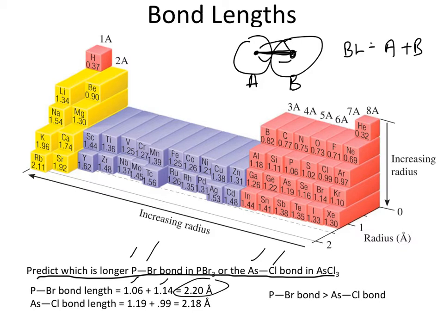This gives you a value of 2.20. Same thing for your arsenic and chlorine bonds, or radii, excuse me. You sum them together. And what we can see here from this calculation is the PBr bonds are going to be slightly longer than the arsenic chlorine bonds.